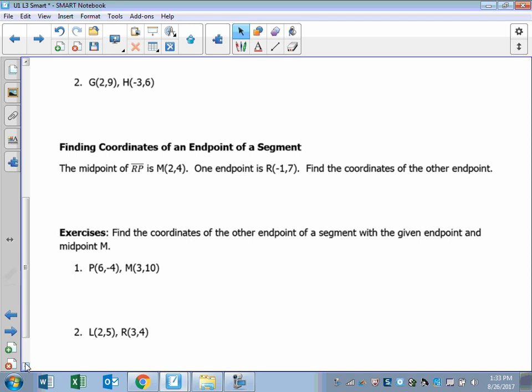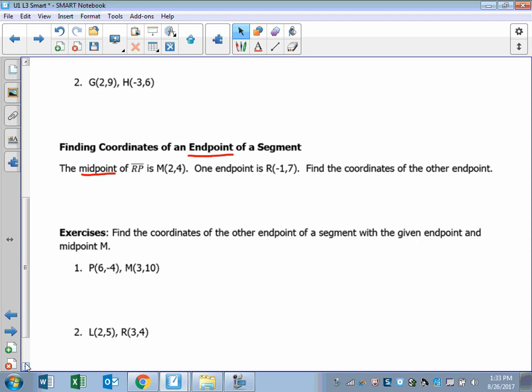This is going to be finding the coordinates of an endpoint, okay, given a midpoint. So before we were given 2 endpoints and we're asked what's the middle. Here we're given one endpoint and the midpoint and asking, okay, this midpoint is halfway between what two endpoints? So the one that we're given, and then we have to find out the other one.